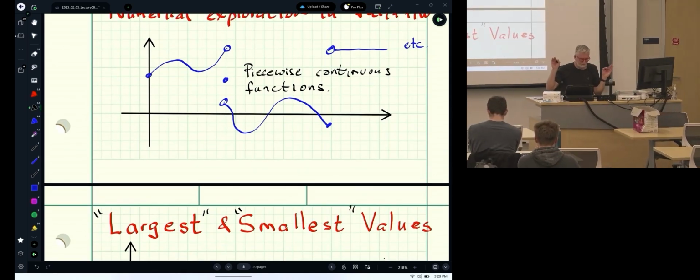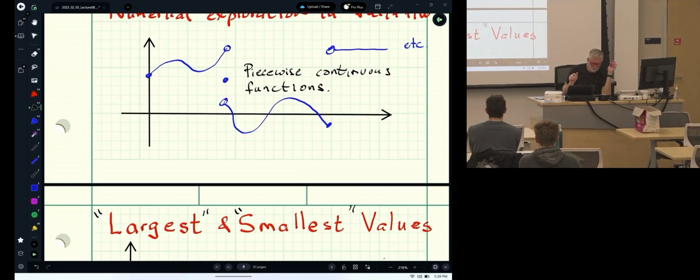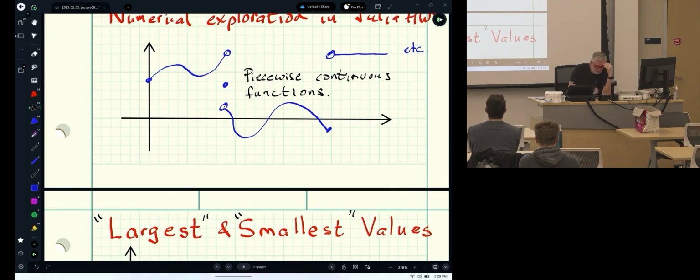Now we're adding two properties here. Notice that if we were calculating the limit as the values go to the left endpoint or the right endpoint, the way I've drawn it, these limits exist and they're finite. Okay?